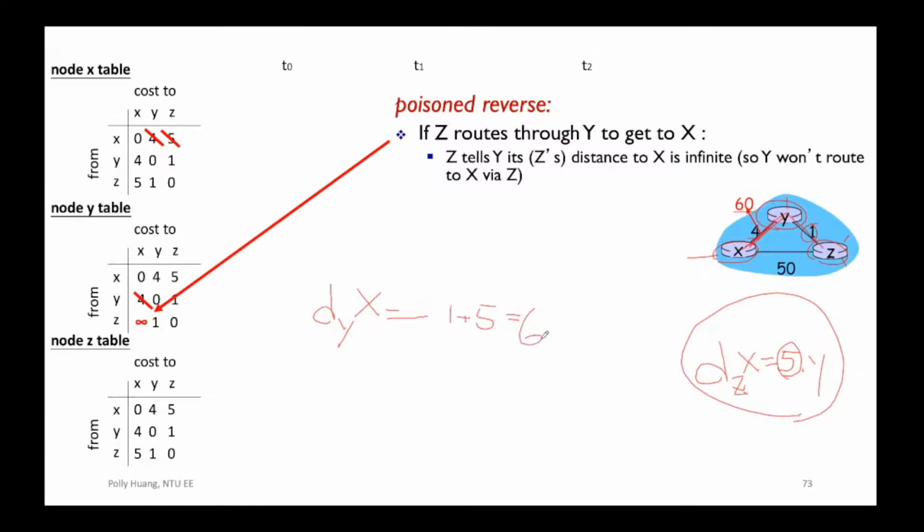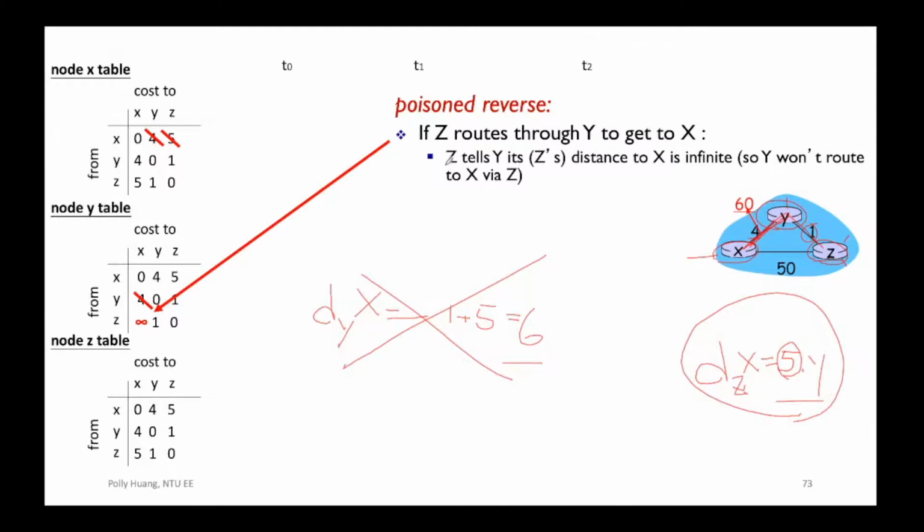A funny value for the shortest distance from Y to X, which we see from the network after the link cost change. There's no way this is the right value. So to avoid having confusion such as this, we should stop Z from continuing to tell Y this is the shortest distance.